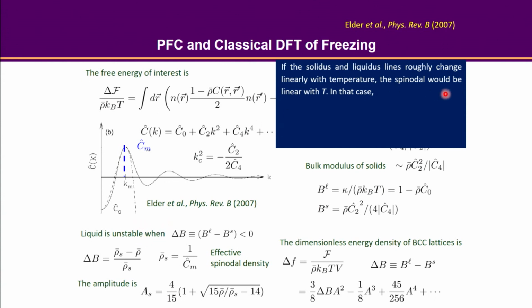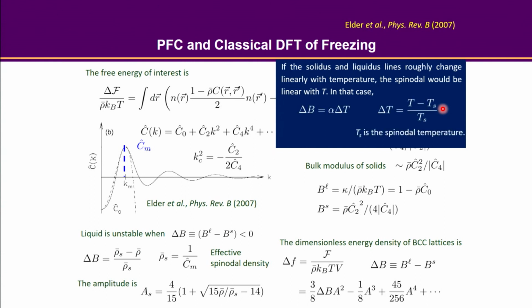Usually on the phase diagram, typically you will see a solidus line and a liquidus line. They are roughly parallel and roughly linear with the change in temperature. If that's the case, then you are expecting the spinodal line is in between, right? So that is going to change linearly with temperature as well.